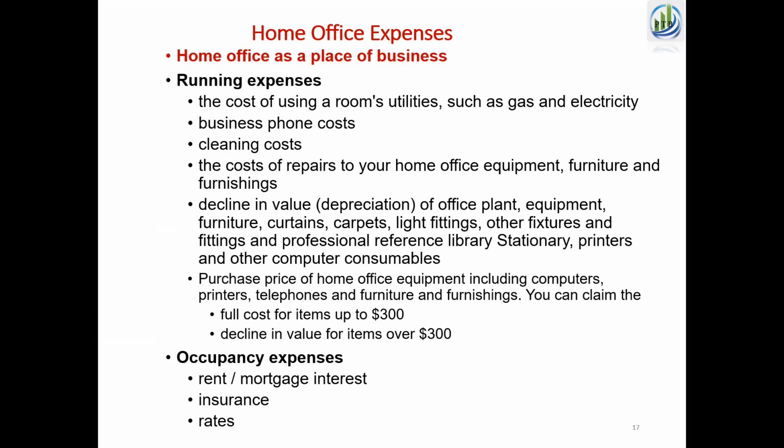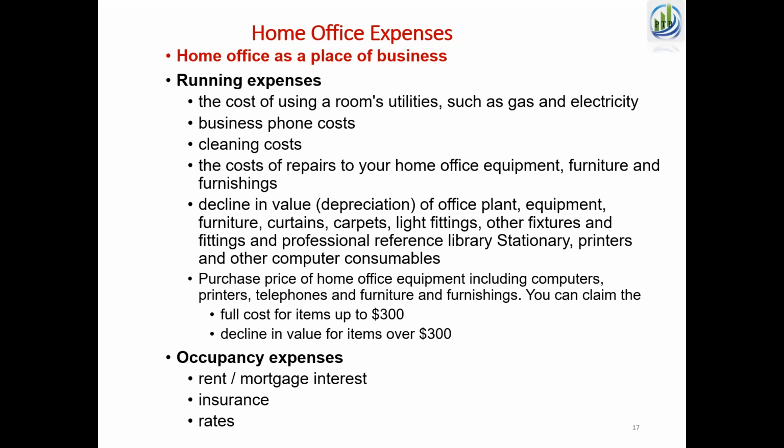All of this falls under running expenses. The other heading is occupancy expenses. If you rent the property, your rent; if you own the property, your mortgage interest, land tax, emergency service levy and council rates; everything falls under occupancy expenses.